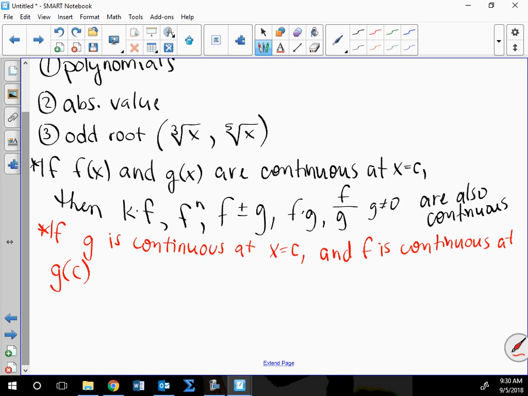So we take c, put it into our g function if it's continuous at that point. Take that, put it into our f function. Then we have that composition is continuous. So if g is continuous at c, we take that, and f is continuous at that, we know that composition is continuous. And f of g of x is continuous at x.